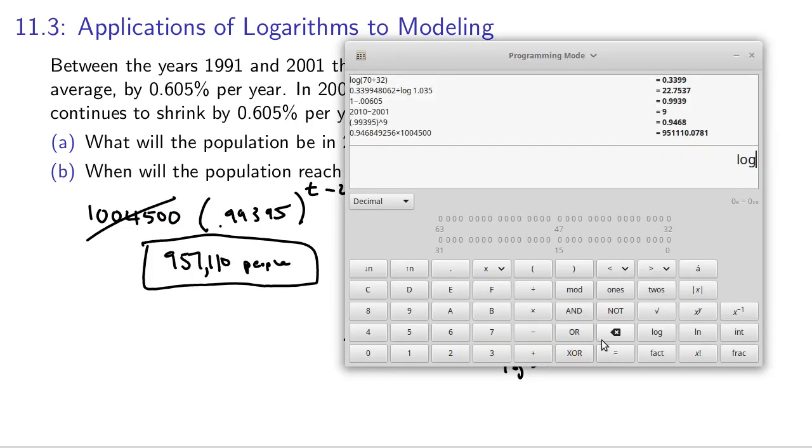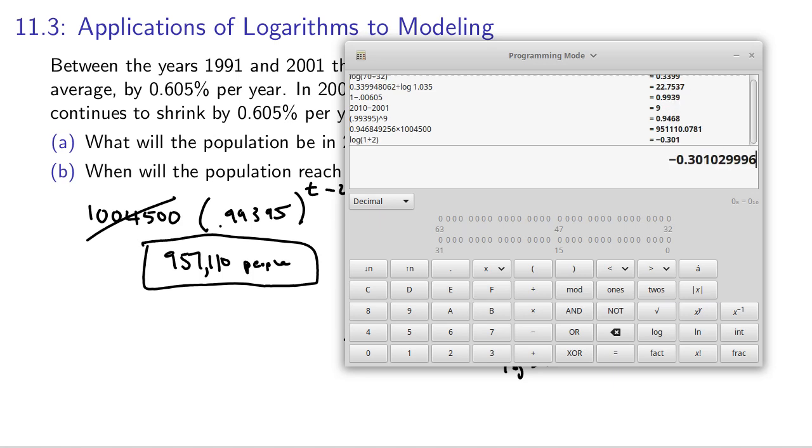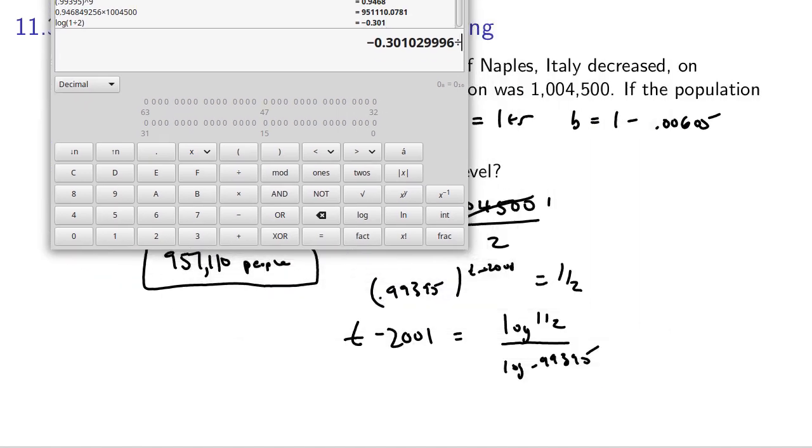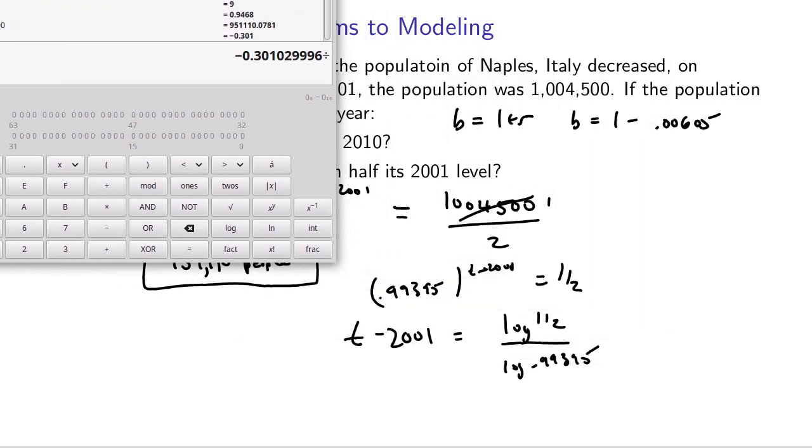And if we use a calculator, log of 1/2 divided by the log of 0.99395 will give us 114.2.